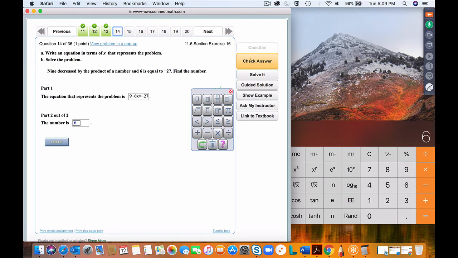When you walk from negative 27, you reach 0, and then from 0, you reach the 9. So you add those two numbers, which gives you 36. And then you divide it by 6 because the 6 is multiplying the x, to find the x. And that gives you 6.